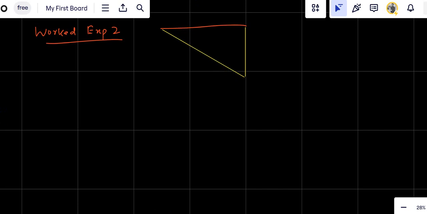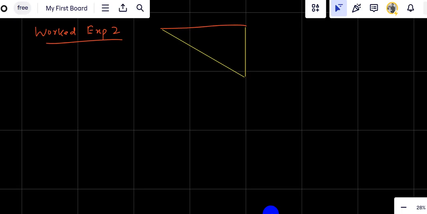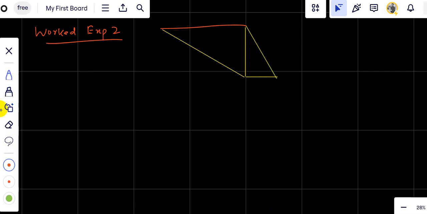And next we have another triangle which is adjacent to this. If I write here and join this, now we have two triangles and both triangles are right. This is a triangle having 90 degrees here, and this is another right triangle having 90 degrees here.